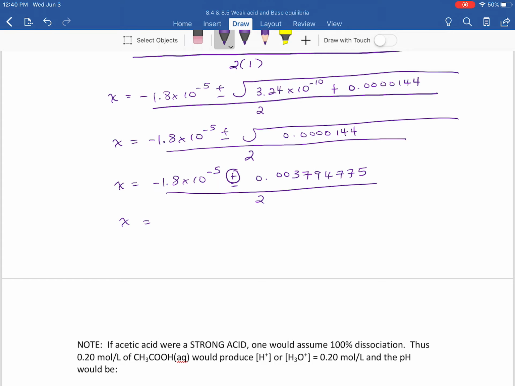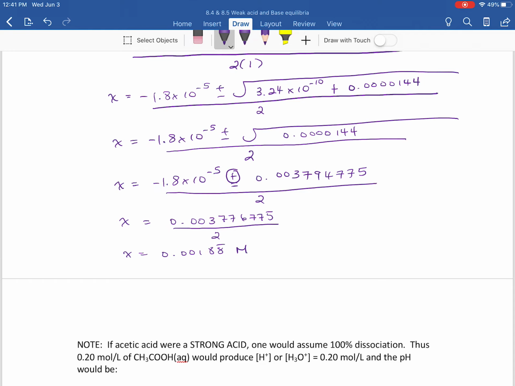When I add them together, I end up getting 0.003776775, divided by 2. And my x actually equals 0.00188, and so on and so forth, moles per liter.